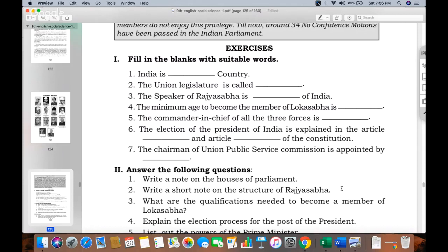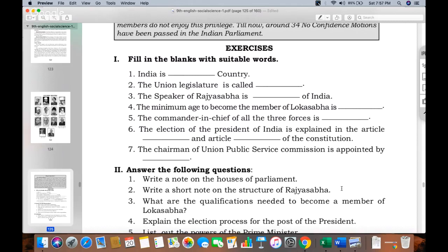Second answer is parliament. Third answer is vice president of India. Good. So third answer is vice president. Fourth answer, it's not 35 Medha, it's 25. Lok Sabha it is 25. Question number 5.